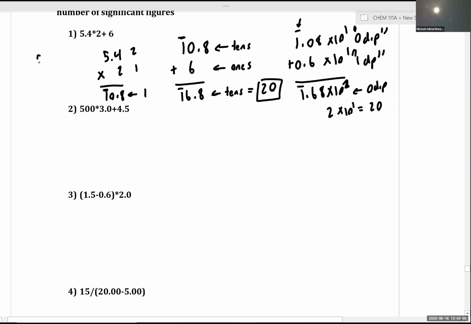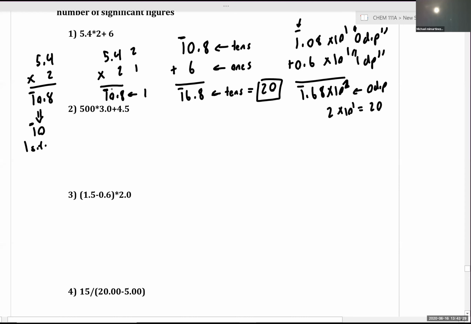If you just did this calculation normally without an additional step, 5.4 times 2, you get 10.8, and we'd try to round this to 10 because we want 1 sig fig. But we can't round at the beginning of our calculation. We have to carry this number through.